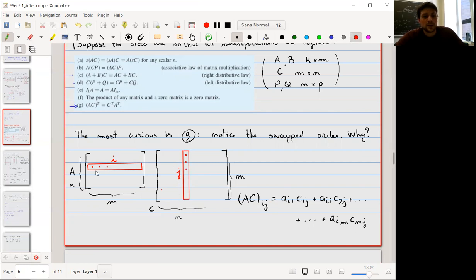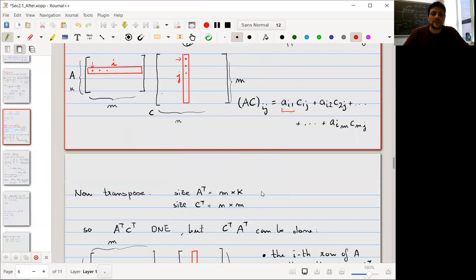If you think about them for a second, the first summand you get is Ai1 times C1j. Those are the first entries here and here, and so on and so forth. You have Ai2 times C2j all the way to AiM times CMj. That is the entry in the ij place of the matrix AC.